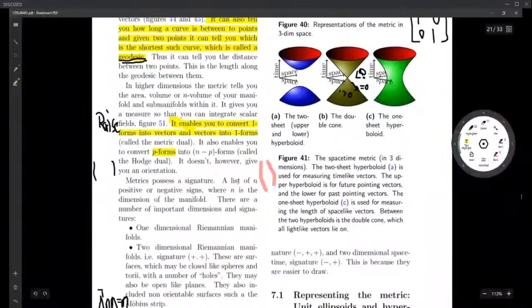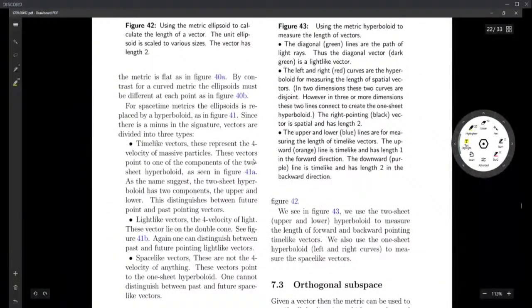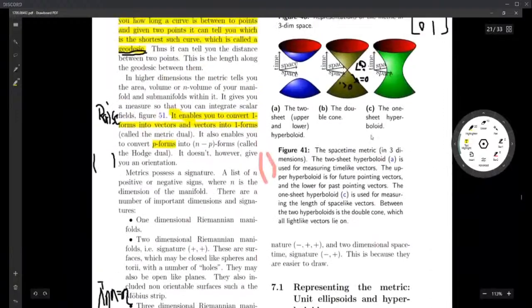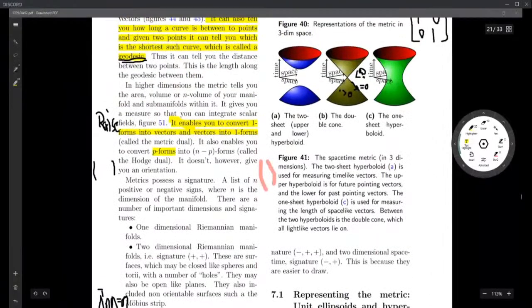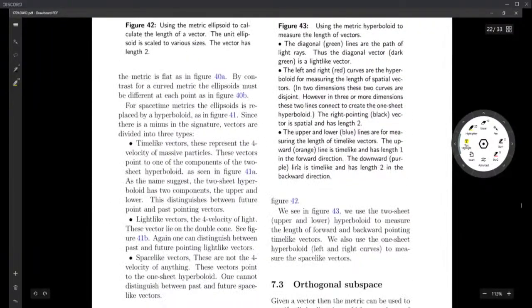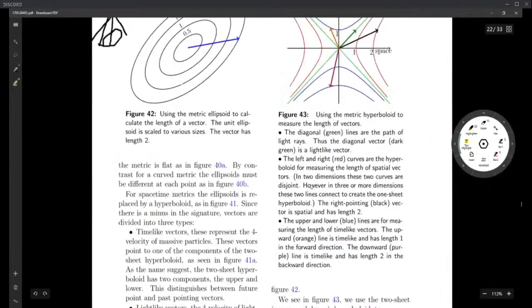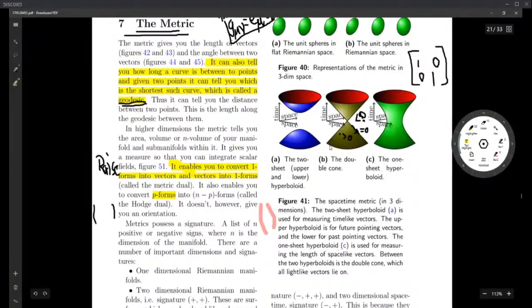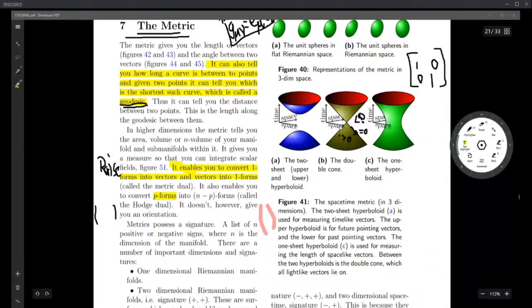Okay, yes. And with light-like vectors, which lie right on the border, again, you can distinguish between future and past, and that's exactly how causality propagates.